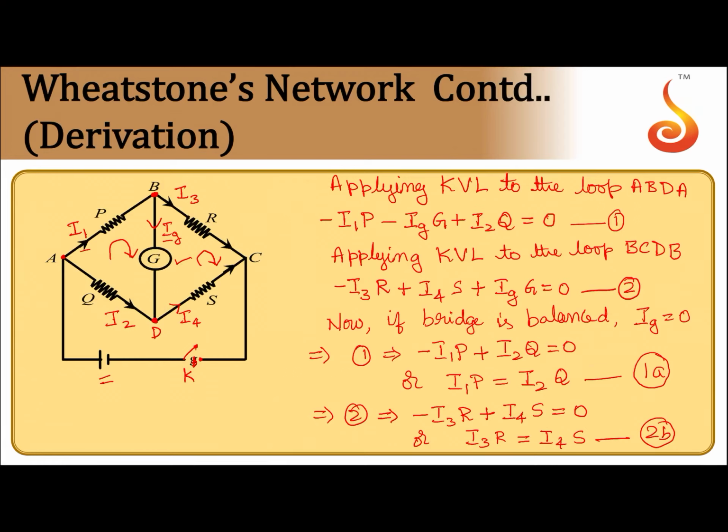Then applying it at D, what do we get? I2 plus Ig should be equal to I4. See, I2 is arriving, Ig is also arriving, I4 is leaving.